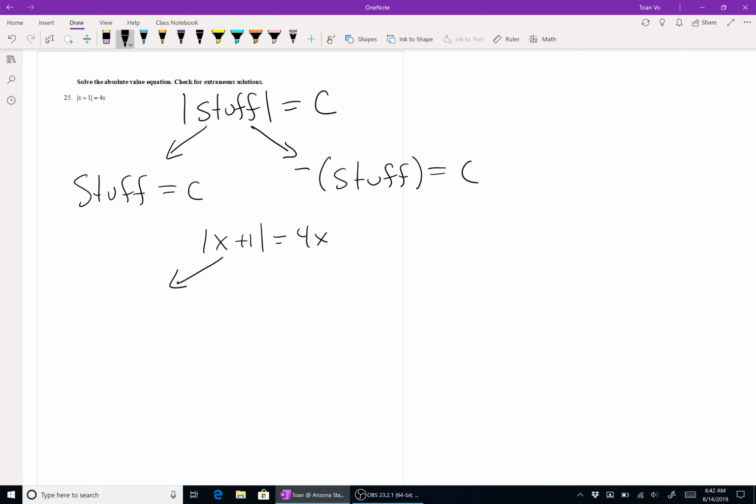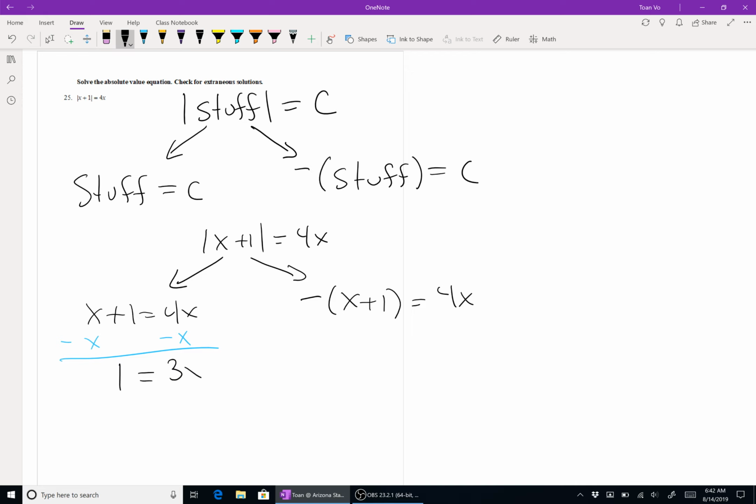That means one equation will just be the normal equation. But the other equation, the other possibility, is it could be the opposite of x plus 1 equals 4x. And then all you have to do is solve these two equations separately. On the left here, let's go ahead and subtract the x over, giving us 1 equals 3x, and then divide out the 3, you get a third.